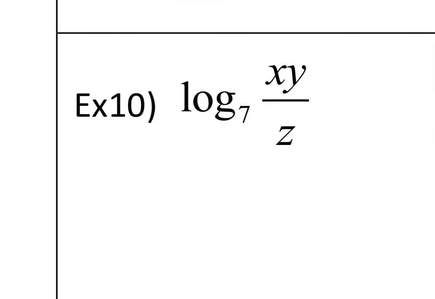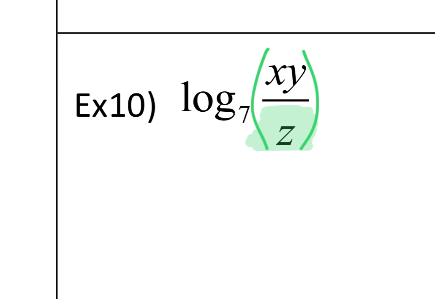So a couple minutes ago I said, make sure that you see that if you have a denominator inside the argument of a logarithm, what's going to be a part of your problem is minus log of that denominator.